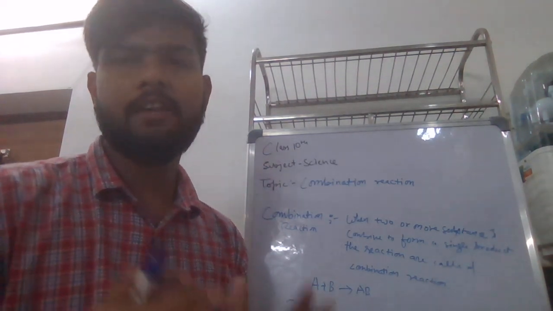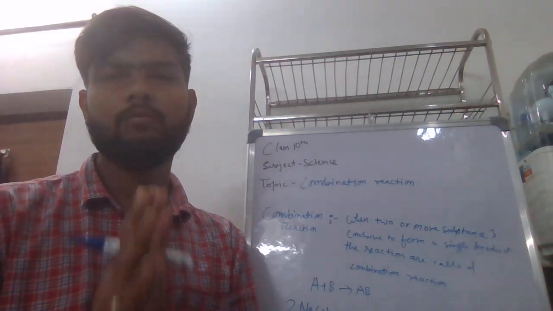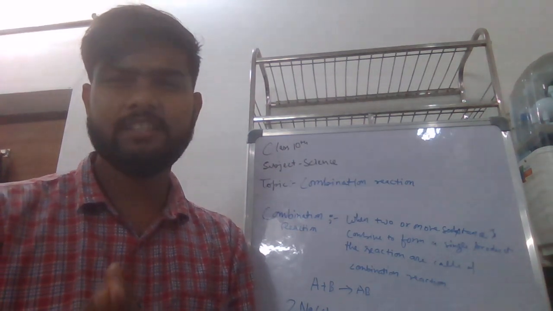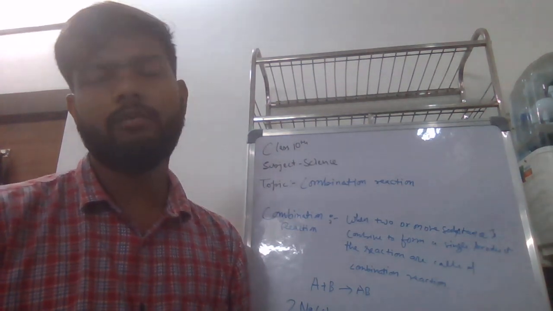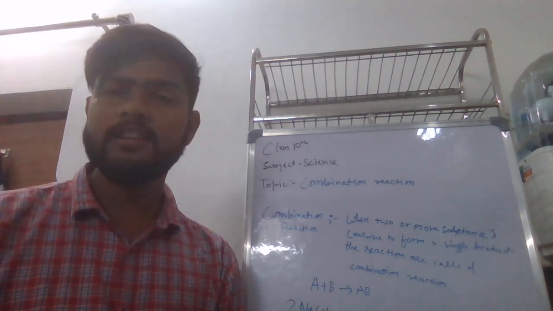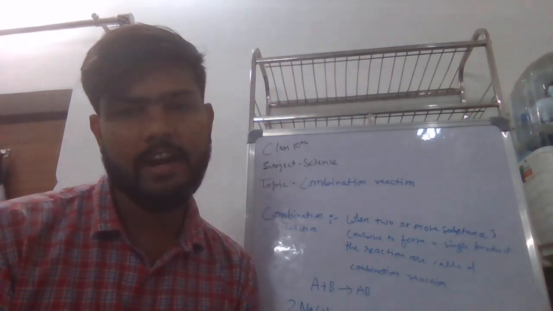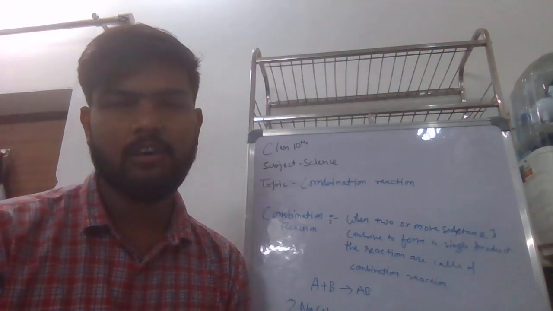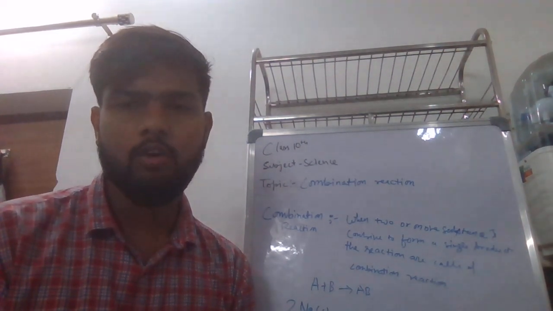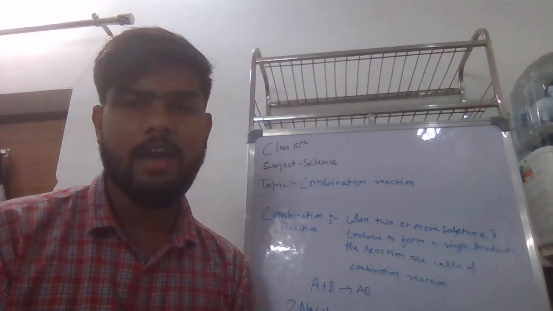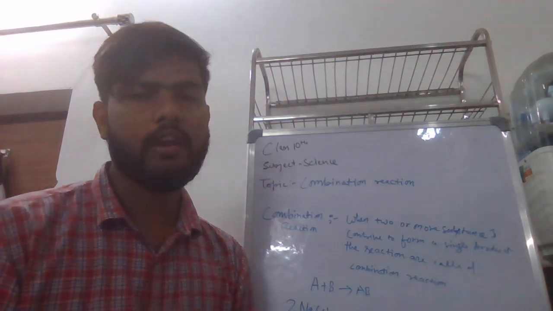If I ask you to give some more examples of combination reactions that occur around us, what will the answer be? Rust is the product of a combination reaction of iron and oxygen: 4Fe plus 3O2 reacts to give 2Fe2O3.